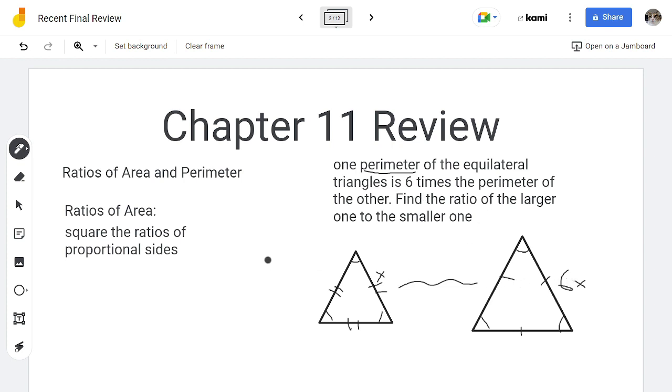Which means we square the ratios of the proportional sides, so it would be the larger one to the smaller one, 6x over x. Because these x's can cancel out, it's just 6 over 1. Then you square this, and you get 36 over 1. That's the answer. That's basically all you really need to know for the section. It's just proportional sides.